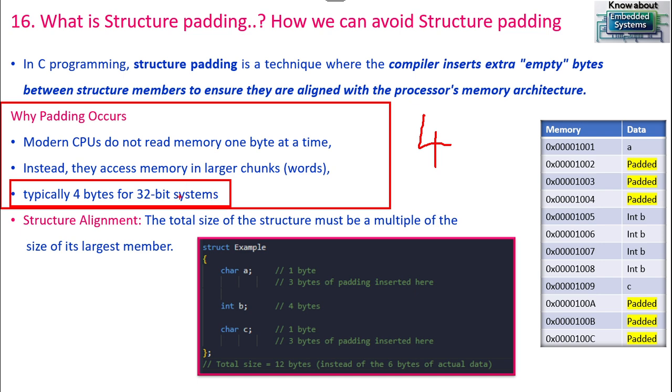Because of this, when you're dealing with a structure, the compiler will allocate 3 additional bytes whenever you use a character. So this is the reason. I hope you understood what structure padding is and why it occurs.